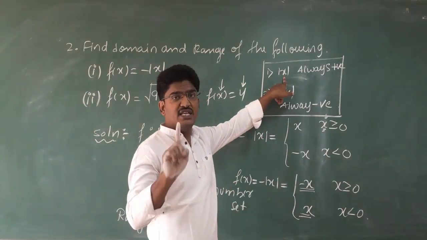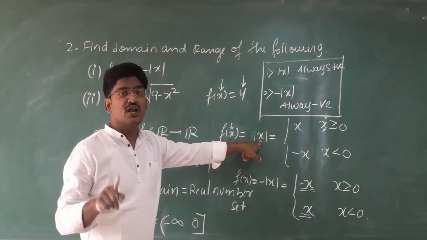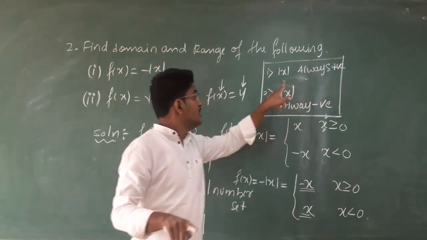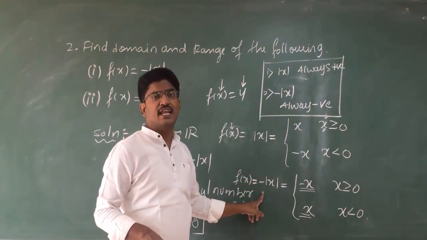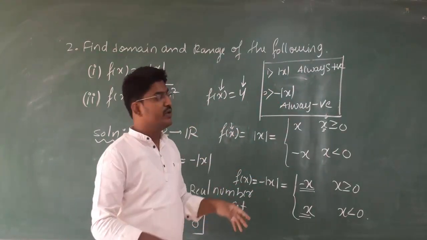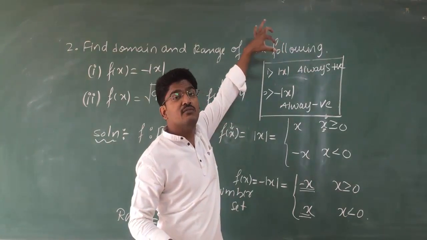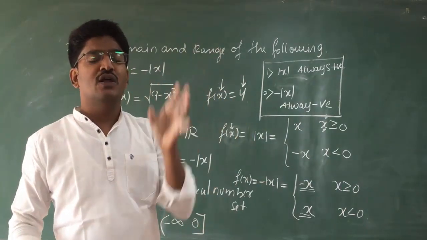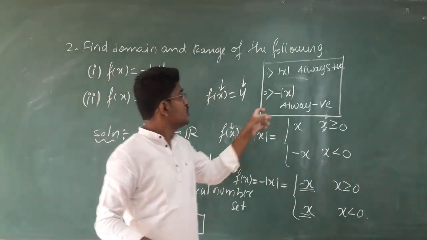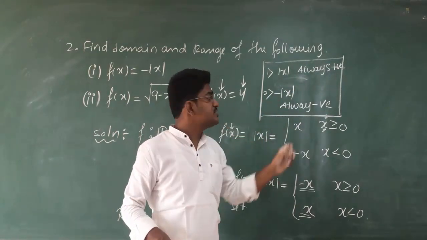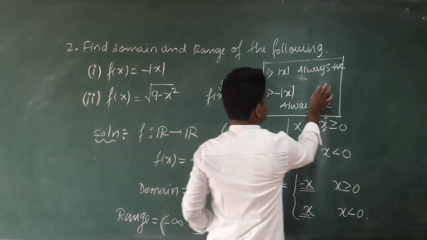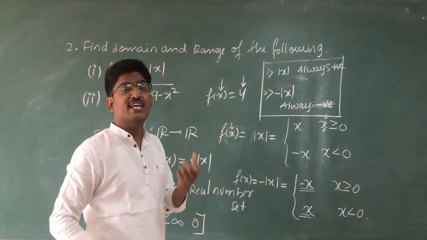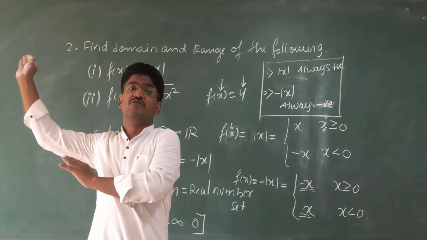See, mod x is our output. For that, it is always positive. We already studied. If I multiply this mod x with a minus sign, it will be what? Always negative, because always positive multiplied with negative, we all know negative into positive will always remain negative. So this minus of mod x remains always negative. Always negative means what? 0 to negative infinity.